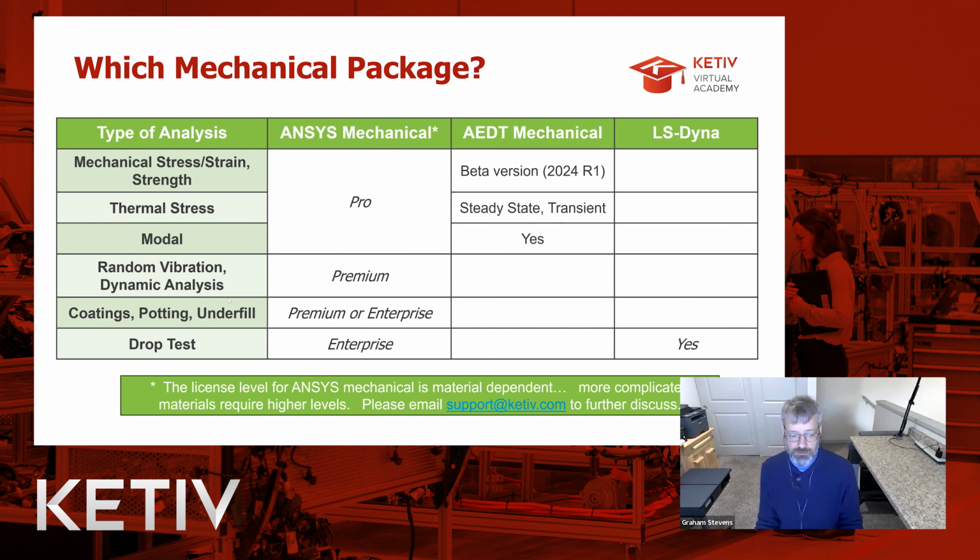And then finally, if you're doing a drop test, you can do that in both Ansys Mechanical or in LS-DYNA. But please reach out to support@ketiv.com when you're looking at decisions relative to which level you need and what you are trying to do in terms of physics. We're here to help you figure that out.